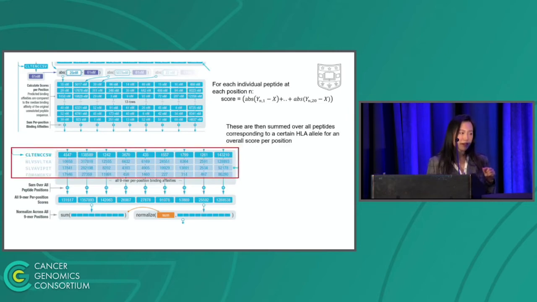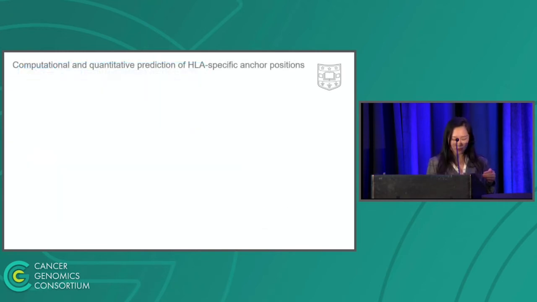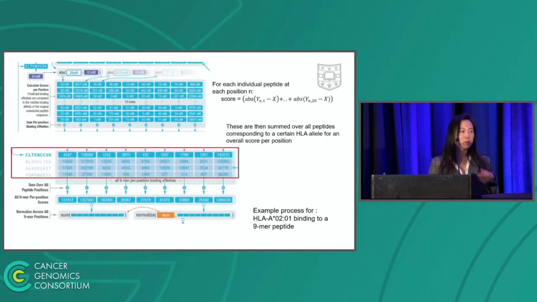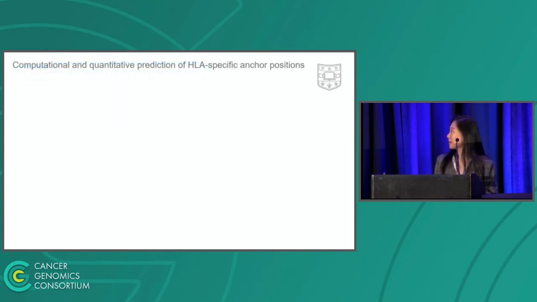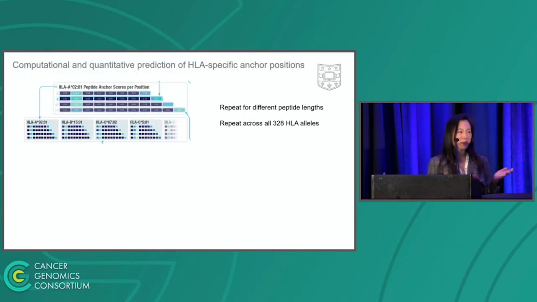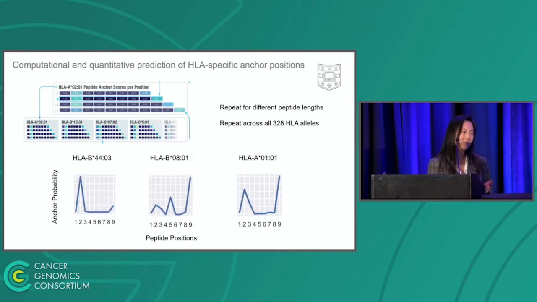You repeat this process across multiple other strong predicted binders for a certain HLA allele. You sum across all those peptides to come up with an overall score for a specific HLA allele binding to a peptide of a specific length. And then you repeat this process on all the different peptide lengths across all the different HLA alleles.